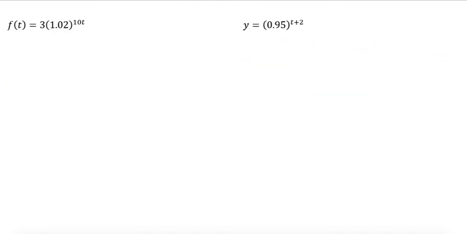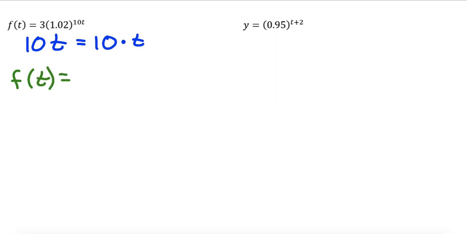Okay, so for this one, our exponent is 10t. Remember, we could say that's 10 times t, so we're going to have power to a power. So f of t is equal to 3 times 1.02 to the 10th, and all of that is to the t.